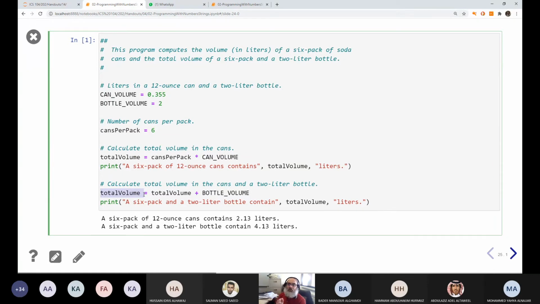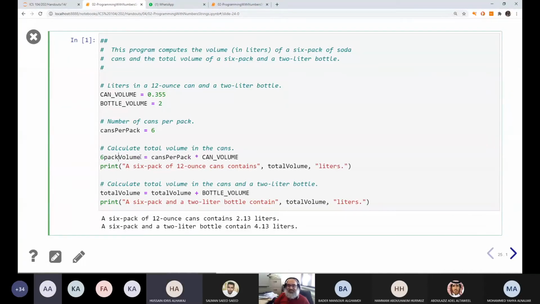So how would I change this? Define a new variable called six-pack volume, right? So can I use this like this? Six-pack volume.